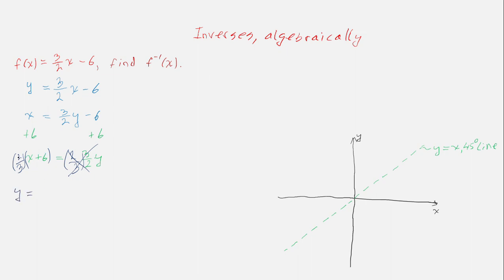And then here we will have 2 over 3 times x plus 6. And that is our inverse. Now let's use the inverse notation: f negative 1 of x equals 2 over 3 times x plus 6.